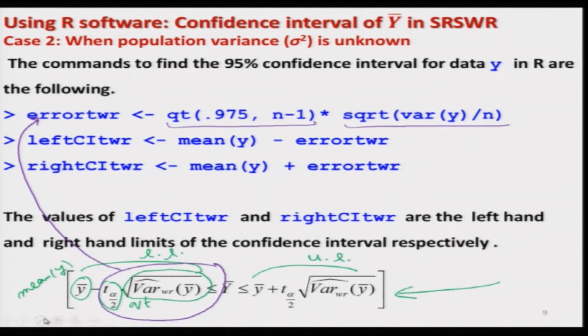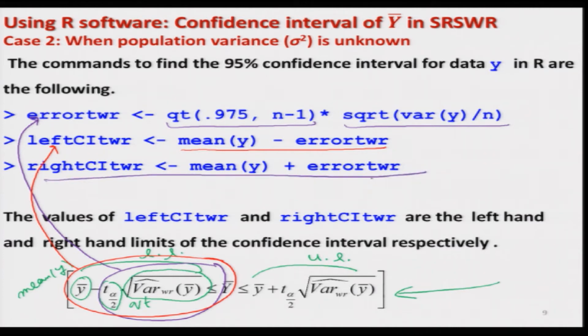Based on that, I compute the left confidence interval in this command, which is mean of y minus this error TWR, and in the second one I am trying to compute the upper limit of the confidence interval. That is pretty straightforward, it is not difficult.